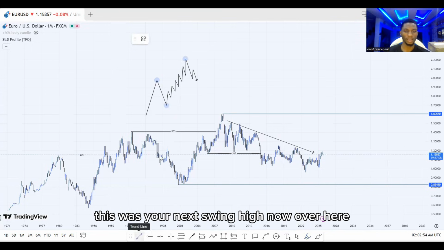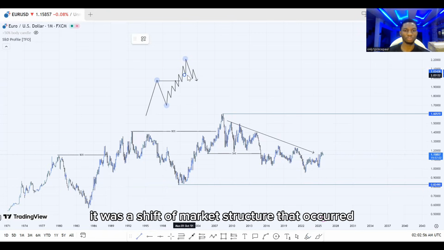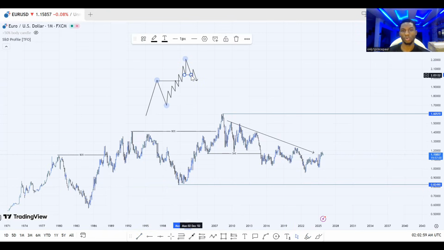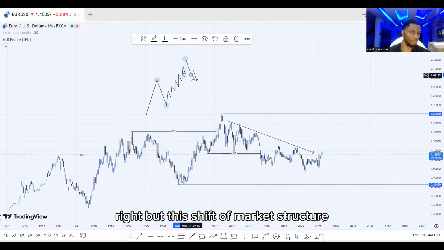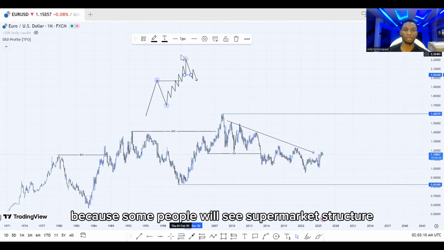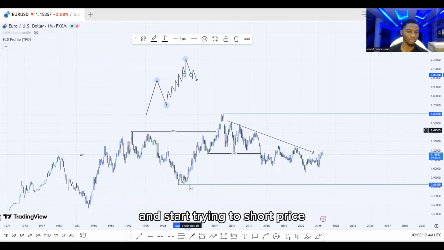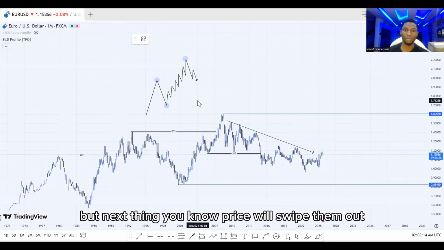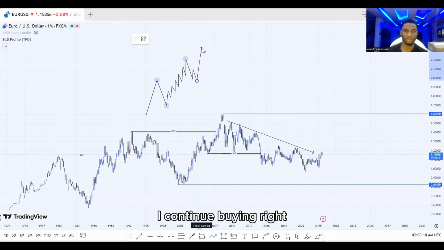Now, over here, it was a shift of market structure that occurred over here, right? But this shift of market structure does not guarantee that price will now start selling, right? Because some people will see shift of market structure and start trying to short price. But next thing you know, price will swipe them out and continue buying, right?